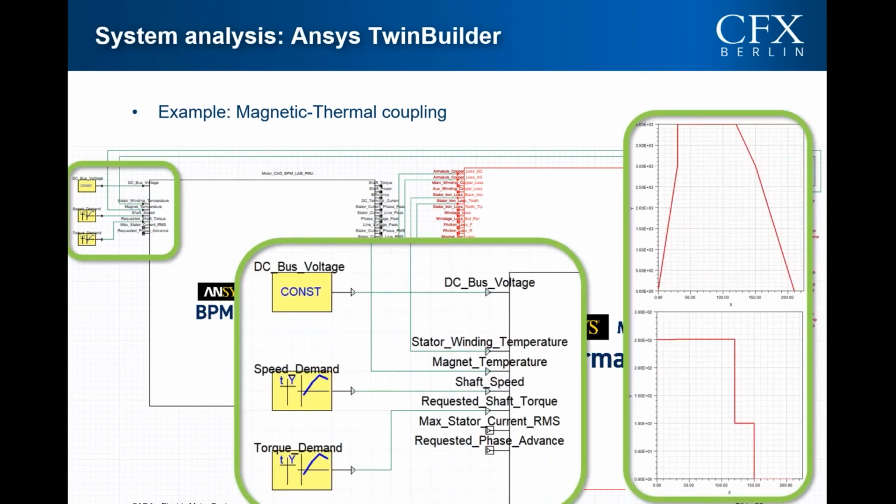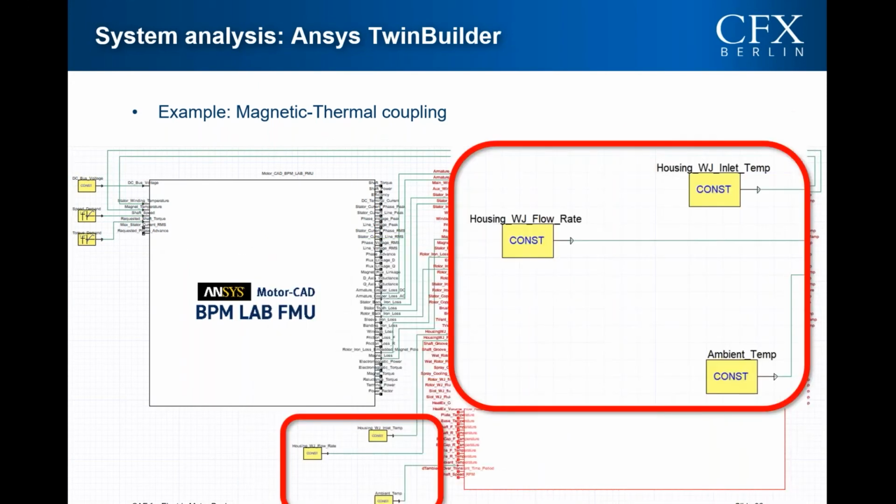The inputs for the magnetic component are here time-dependent shaft speed and torque demand, while having a constant DC bus voltage for the windings. The inputs for the thermal component are constant ambient temperatures and water feeding temperature, as well as constant water jacket flow rate.